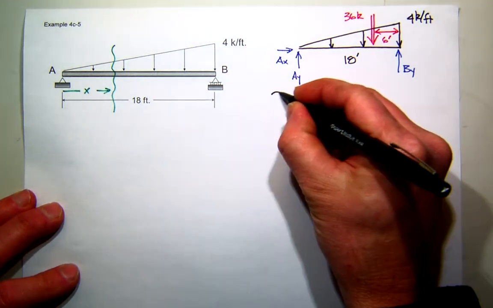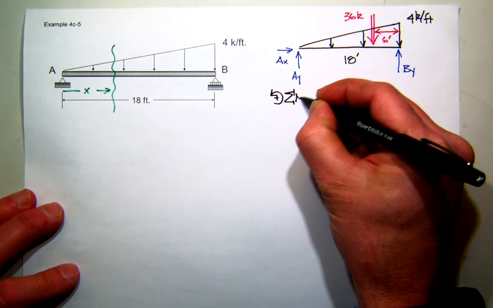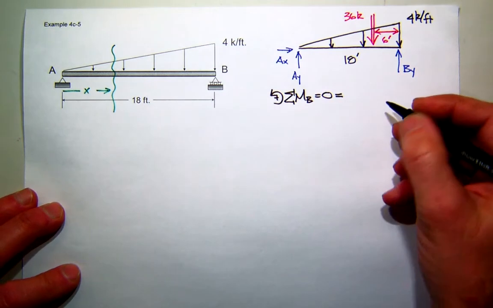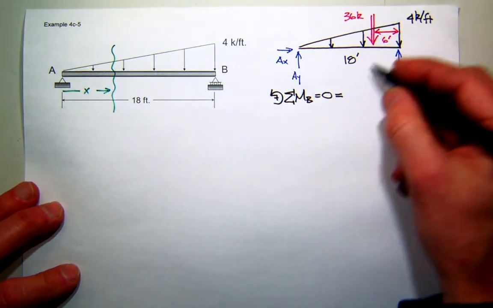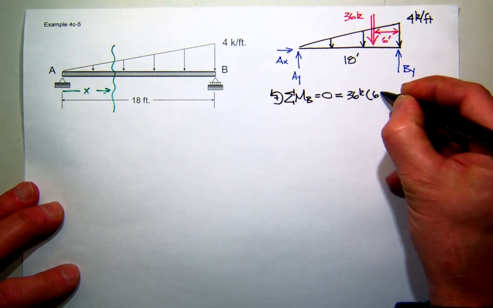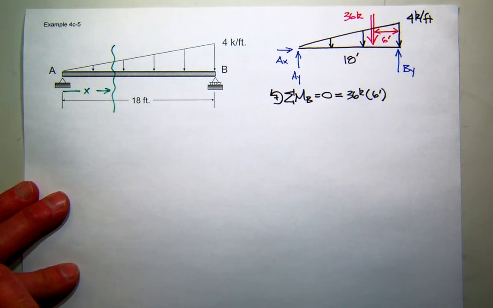So now if I sum moments about B, using right-hand rule as my sign convention, and make sure it's in equilibrium, this 36 kip force creates positive moment about B with a moment arm of 6. And then AY creates what? Positive or negative moment?